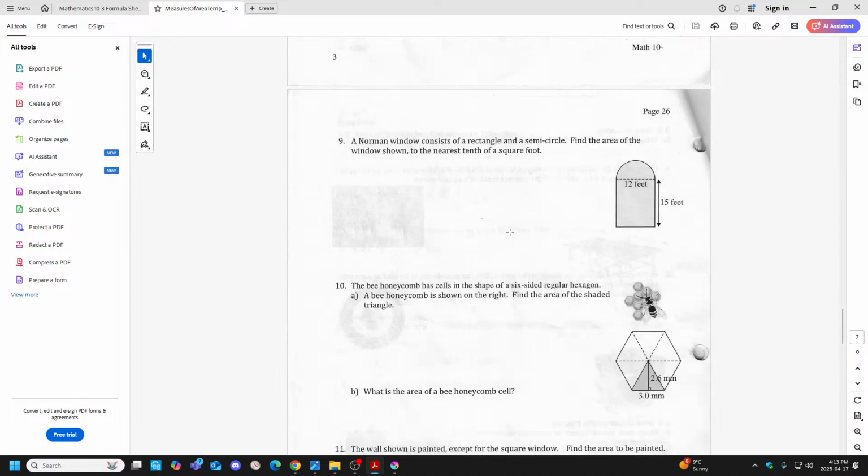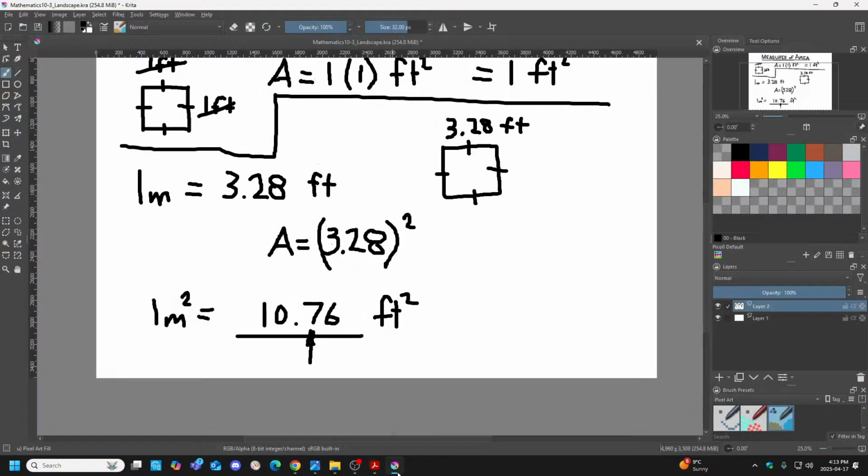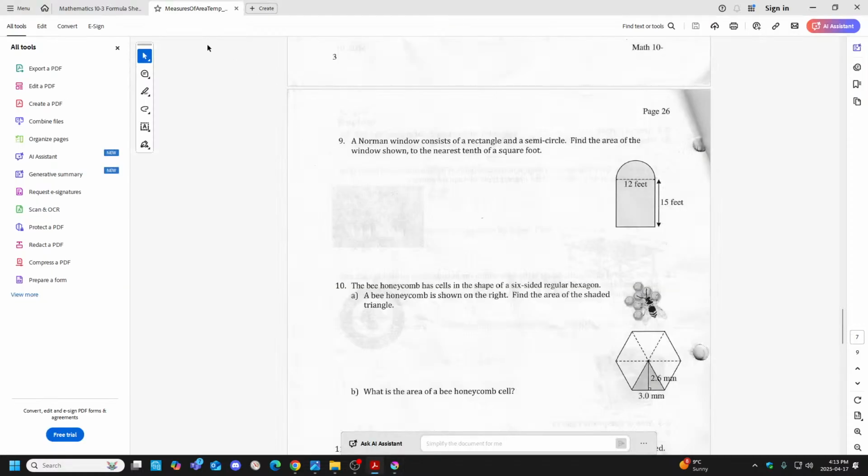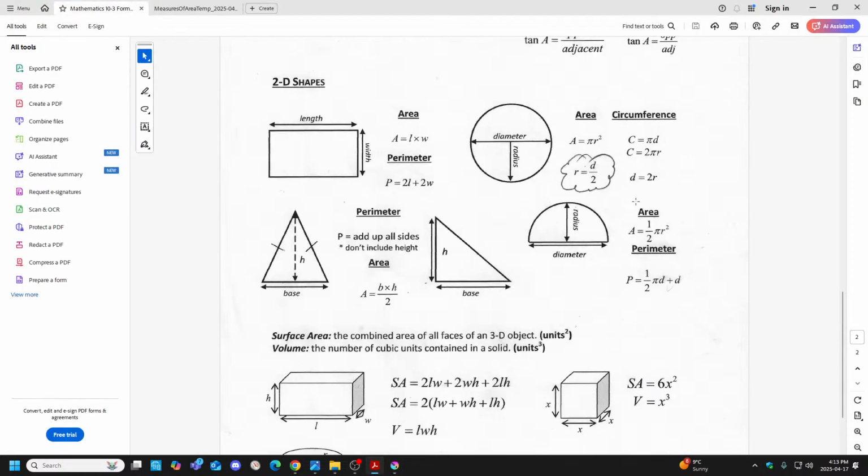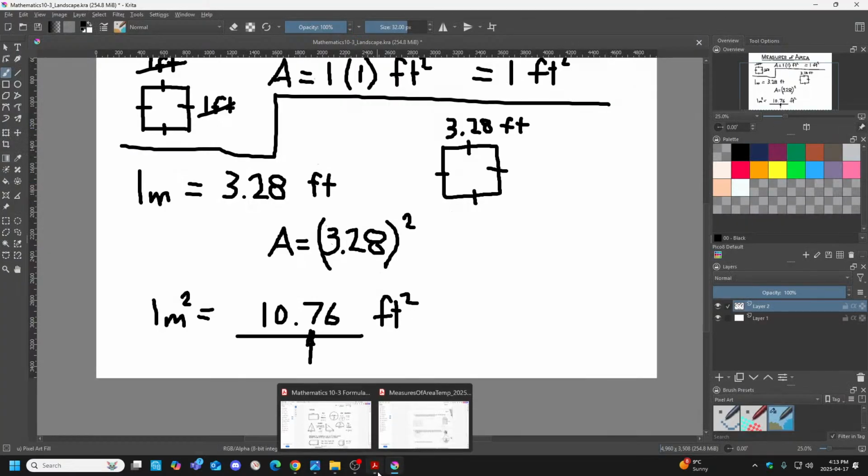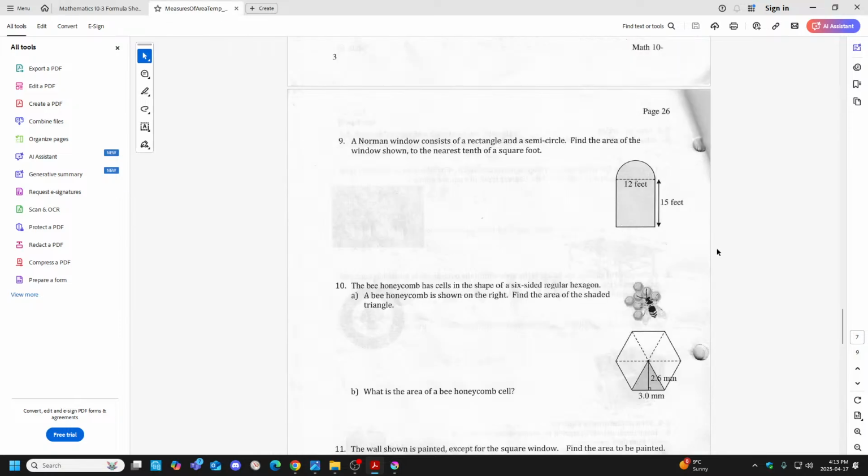Alright, so here we have a Norman window. Take note, you're probably going to need to use this formula here. It's just a semicircle. Really, it's just a full circle divided by 2. I know you guys understand that. It's just half a circle.